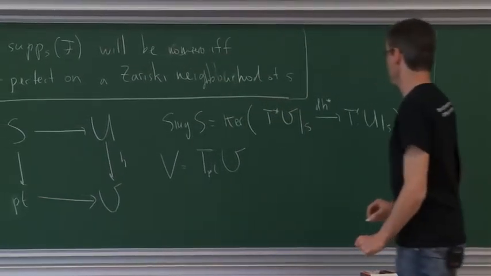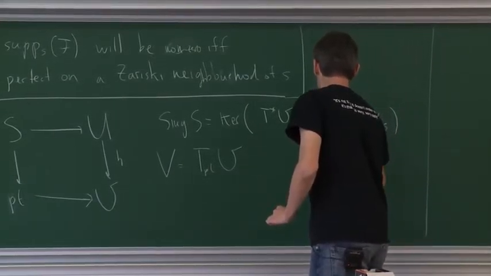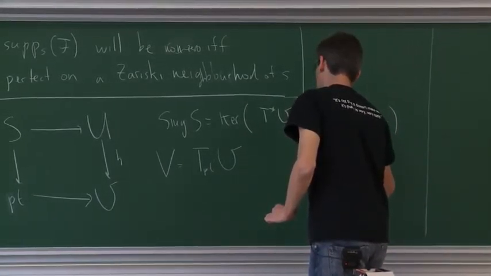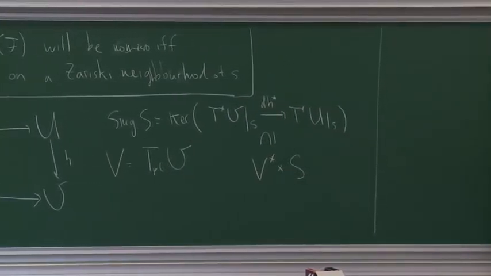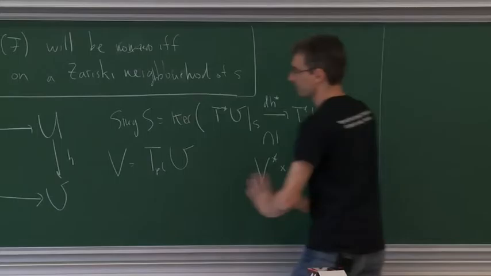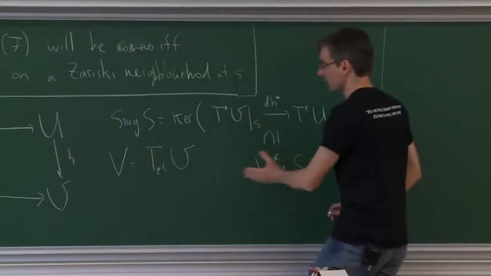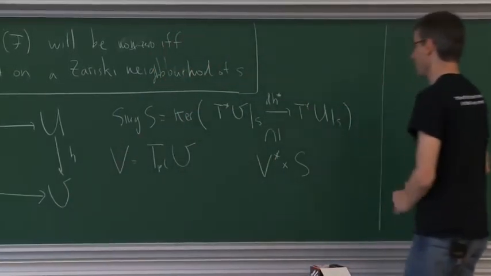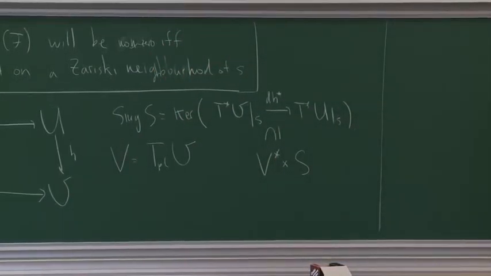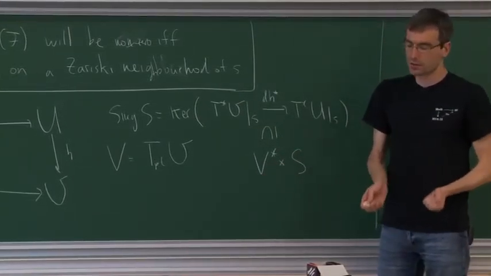And so what you see is that this always sits inside V star times S. So very concretely, the singular support will live in S times the dual vector space to the cotangent fiber to my V at the point. Now very concretely, I want to say when an element here belongs to the singular support.